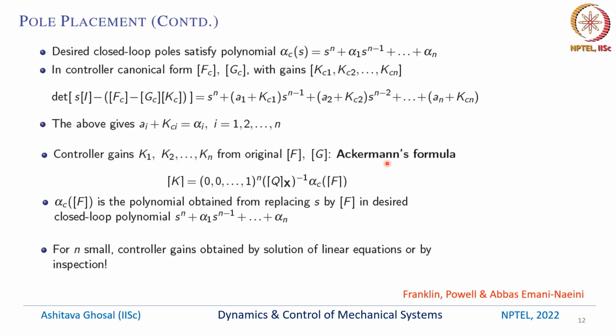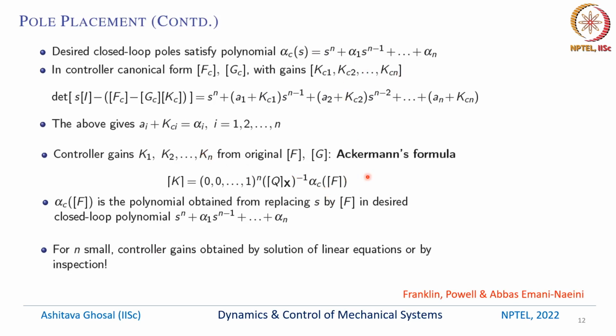Alpha c of F is nothing but this closed loop polynomial alpha c, where s is now replaced by F. There is this very famous theorem called the Cayley-Hamilton theorem, which says that the polynomial should also be satisfied if you substitute F instead of s. So all we need to do is, instead of s to the power n, we write F to the power n. S to the power n minus 1 is F to the power n minus 1.